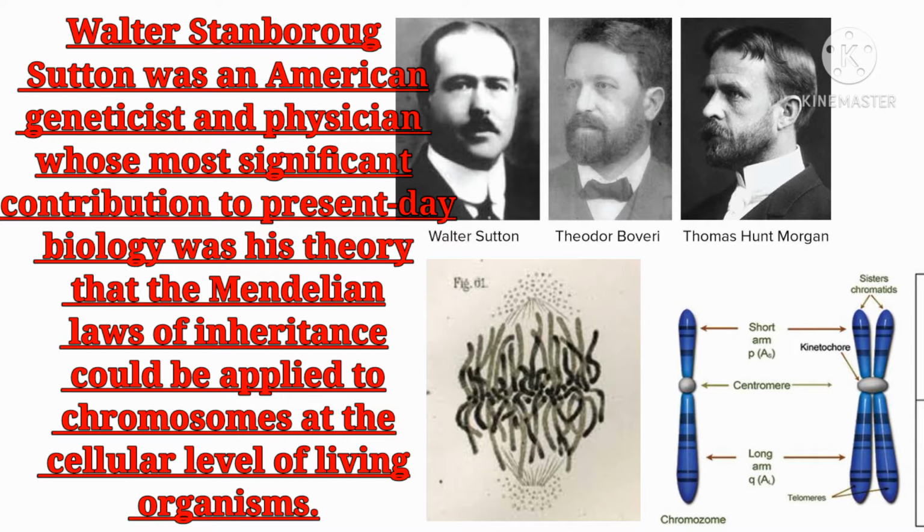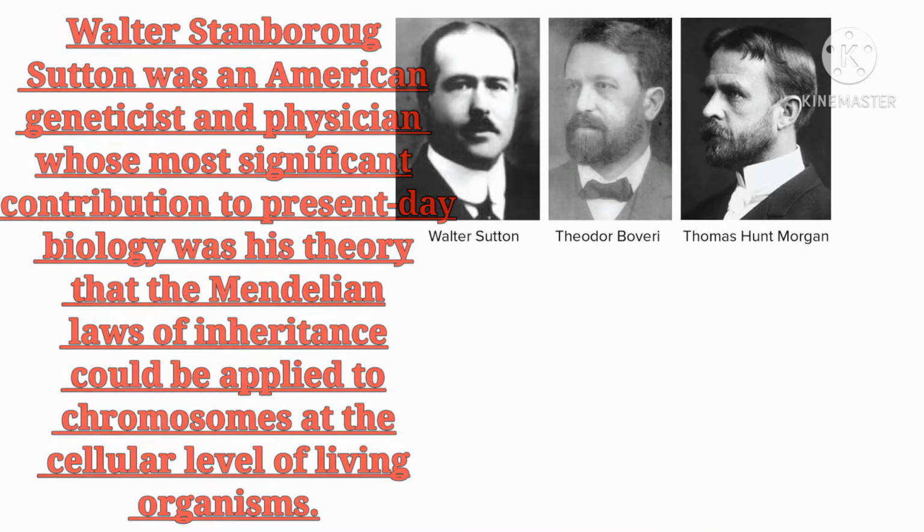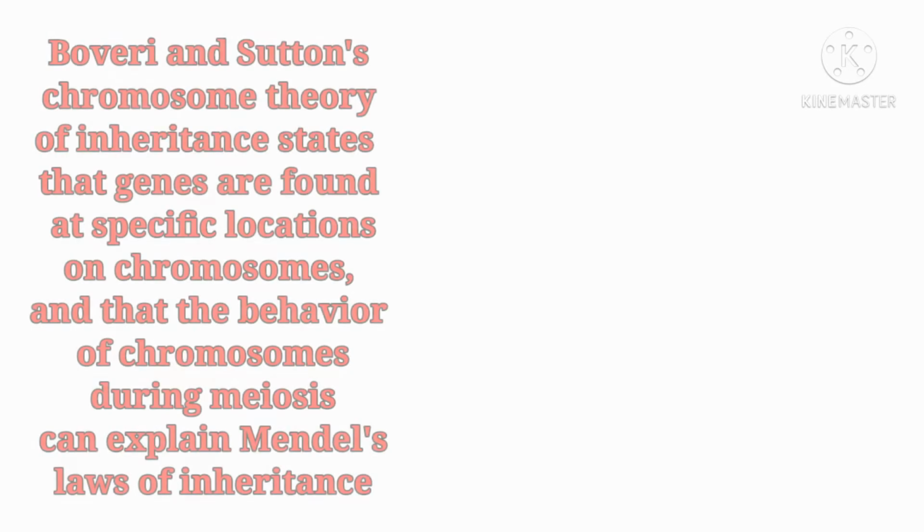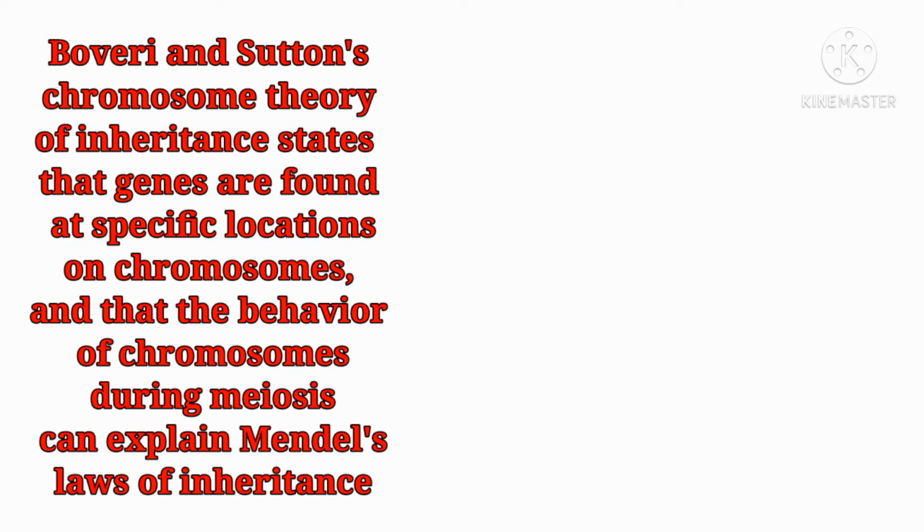So what will happen with these things? When chromosomes segregate, it means the alleles segregate and randomly unite at fertilization, which is the key to understanding genetics. The genes are the vehicle that goes from one parent to daughters and sons, meaning their offspring. As Boveri and Sutton's chromosome theory of inheritance states, the genes are found at specific locations on chromosomes.